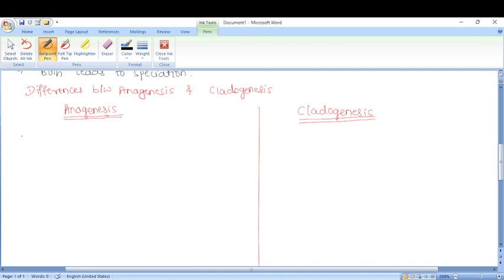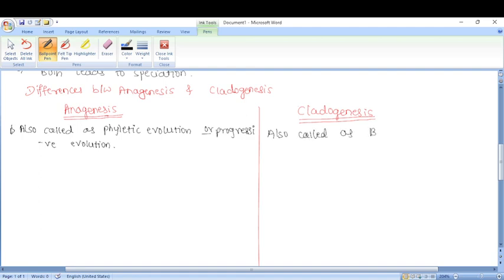First difference, anagenesis is also called phyletic evolution or progressive evolution, whereas cladogenesis is also called branching evolution.